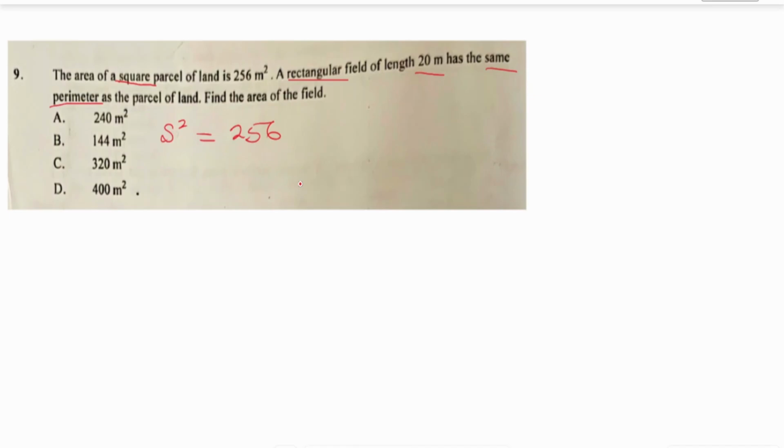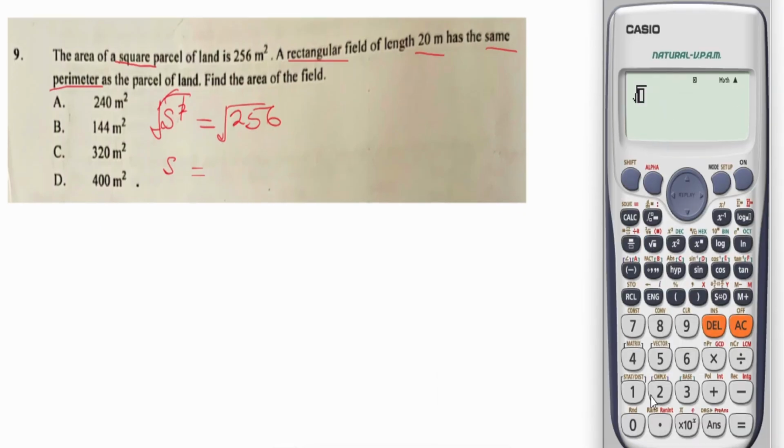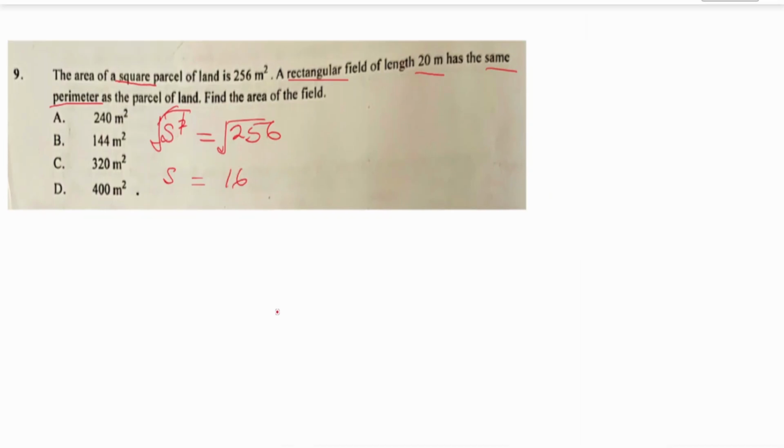So that means each side is going to be, taking square root of both sides, the side is equal to square root of 256. That is 16. So each side of the square is 16 meters.